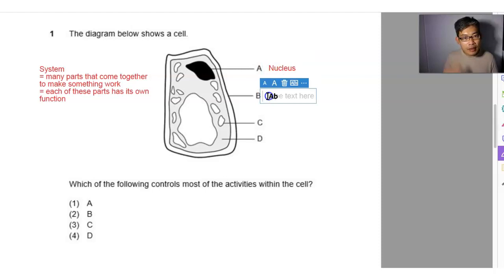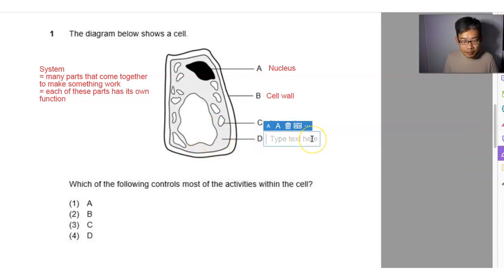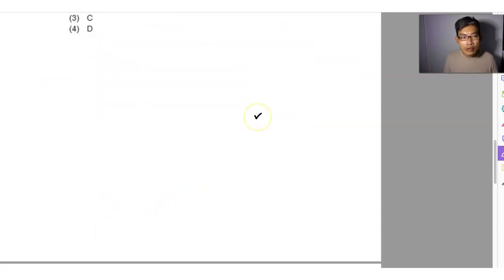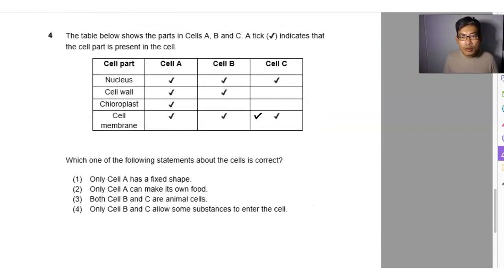B is the external layer, that will be the cell wall. C is the chloroplast. And D, this part is the cytoplasm. So which one controls the activities within the cell? It's about controlling the activities in the cell, and that will be the nucleus, and that will be A. A would be the answer to this.